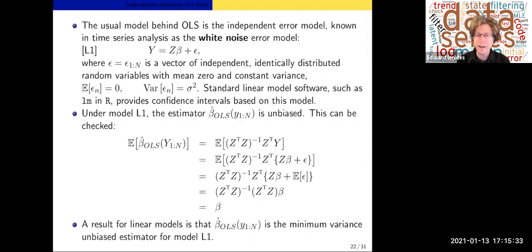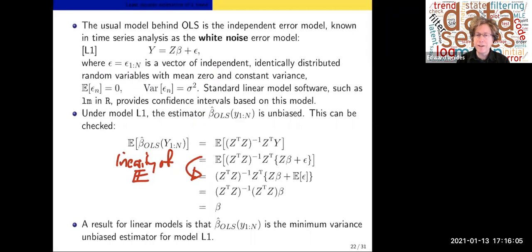That's how we get to the second line here. And then we use the linearity of expectation to take the z transpose z inverse z transpose outside the expectation, and then the other z beta outside because it's just an additive constant.